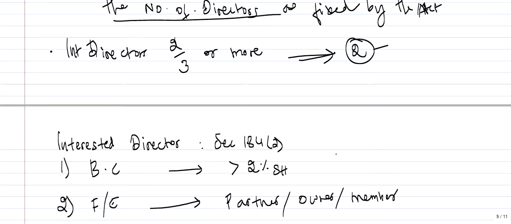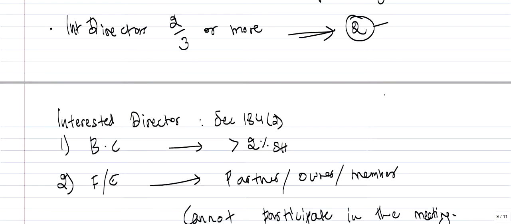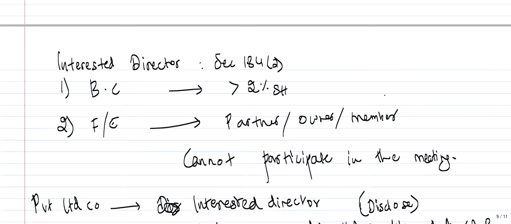If the interested directors are more than 2/3, the minimum will be 2 non-interested directors who are present. Interested directors are as per section 184 subsection 2. In case of a body corporate, holding more than 2%, he can be the promoter, managing director, or CEO of the body corporate.